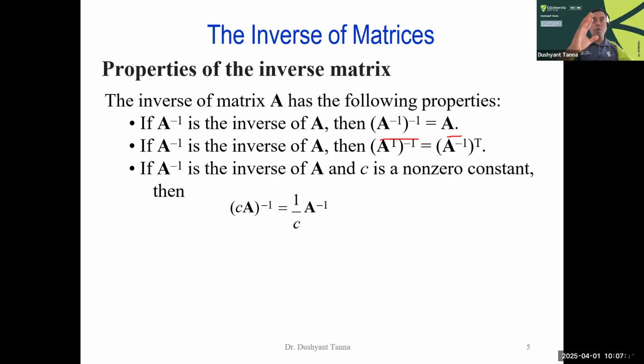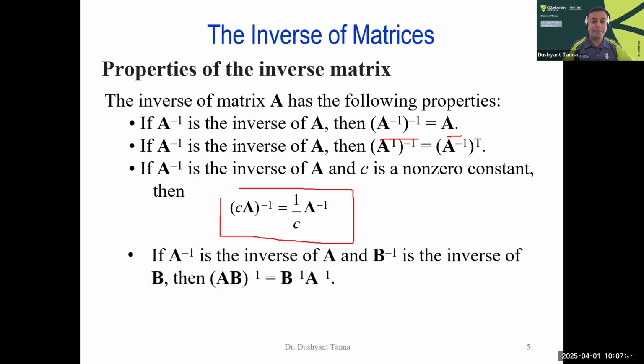This is a very helpful formula because sometimes you might observe that you can minimize the numbers. The smaller the numbers, the easier, quicker, and more accurate it is to find the inverse. This is a very good property, and we'll be using it as and when required.